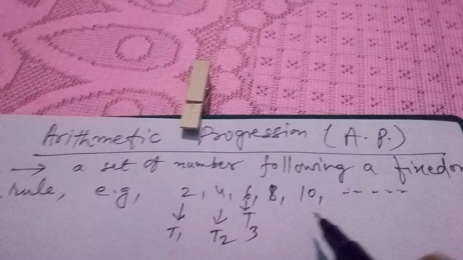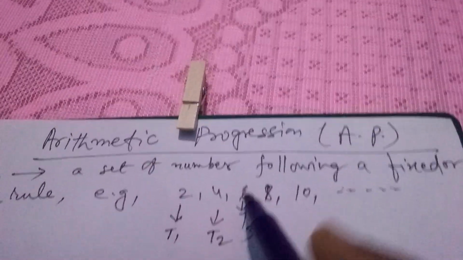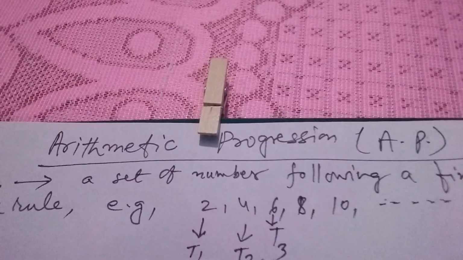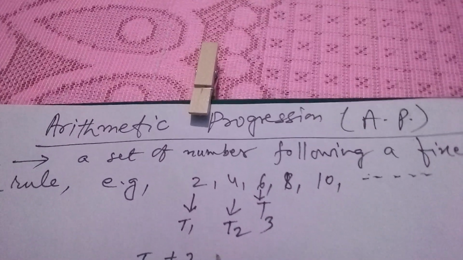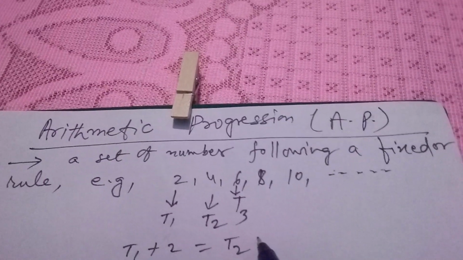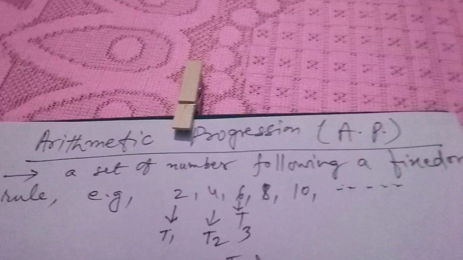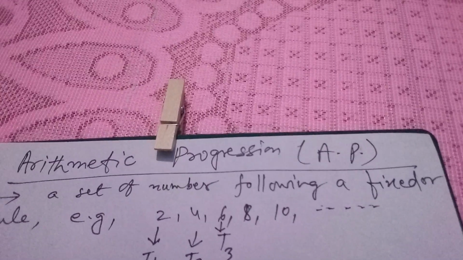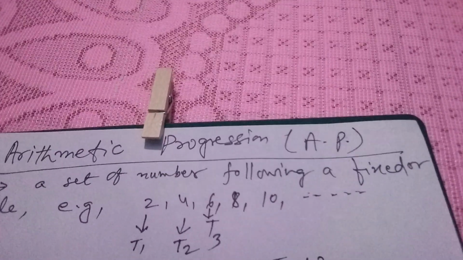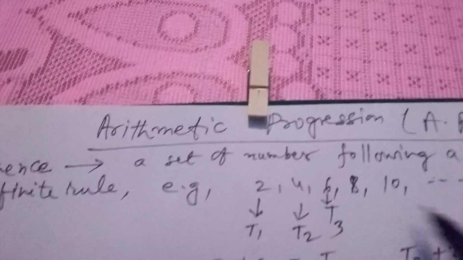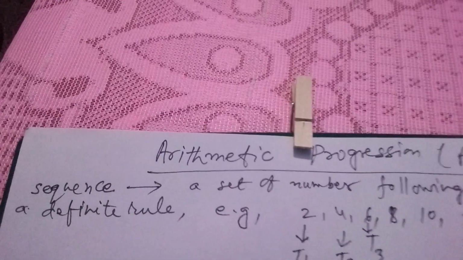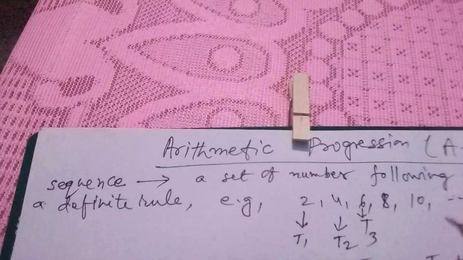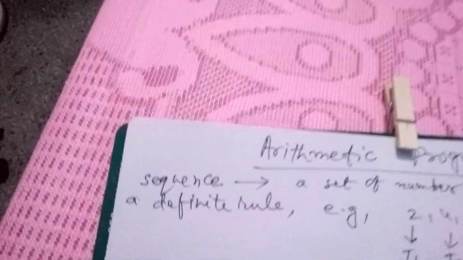That means T1 plus 2 equals T2, and T2 plus 2 equals T3. In this way, this is a fixed rule: each term is greater by 2.